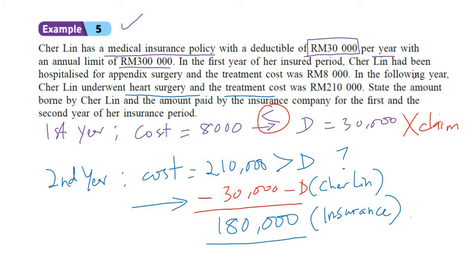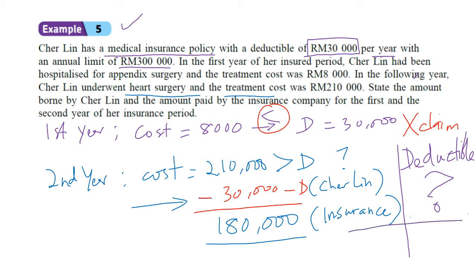Okay, you might be thinking, why is there this kind of provision? Why do they have a deductible? When you buy insurance that has a deductible, that means your insurance is cheaper.